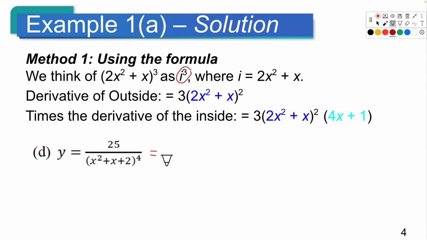So any suggestions on what we should do algebraically to make this easier to take its derivative? You can bring the bottom stuff up and then change the 4 to -4. Perfect. So this becomes 25 times x squared plus x plus 2 to the -4.